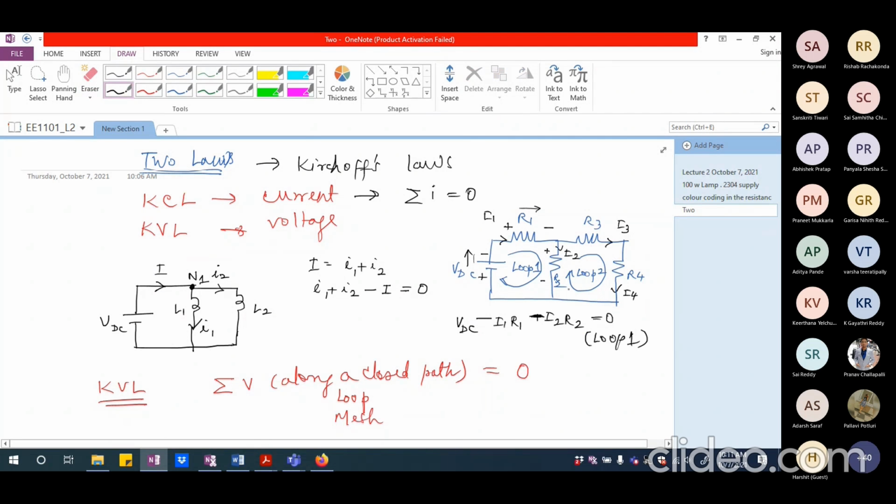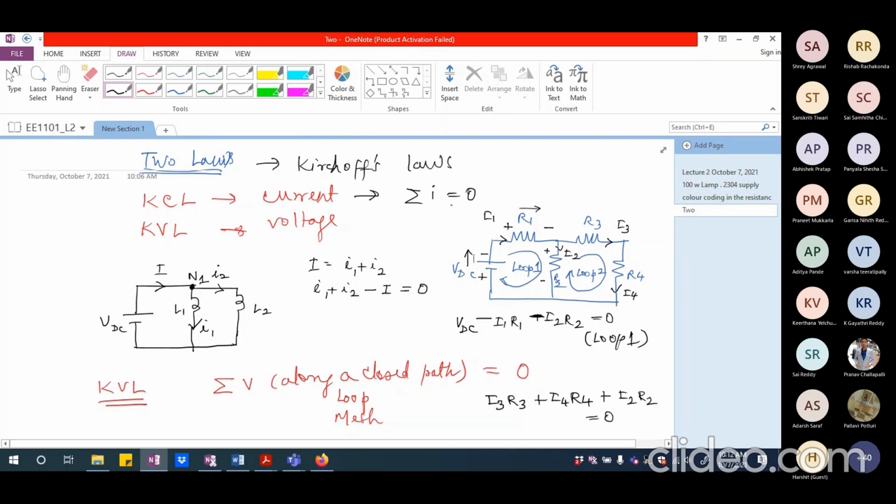And if I look at the loop 2 equation, I can write I3 times R3 plus I4 times R4. Yes, of course, I3 and I4 are one and the same, plus I2 times R2 equal to 0.